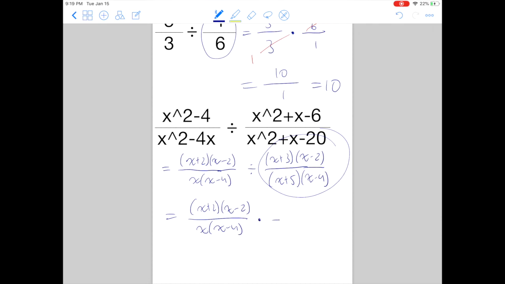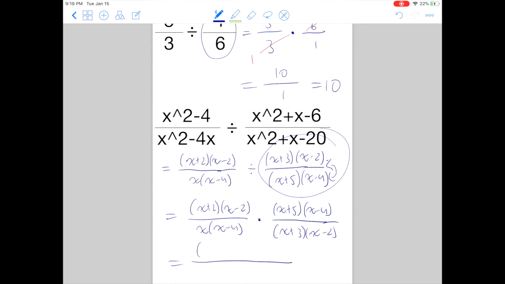and we have to multiply this by the flipped over version of this, which is x plus 5, x minus 4 over x plus 3, x minus 2. So proceeding this, we want to combine the two fractions.